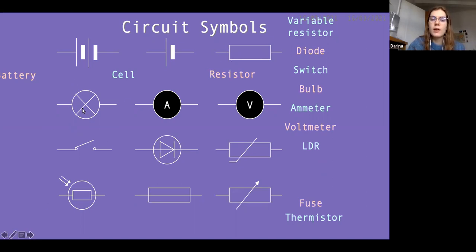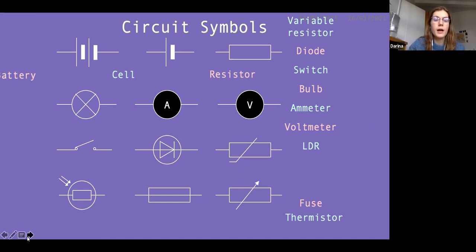Right. One lower down, the circle with a cross through it. What's that one? We were choosing from the names on the right-hand side. Right, a light bulb, perfect.